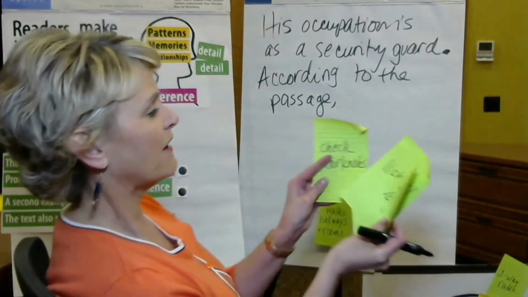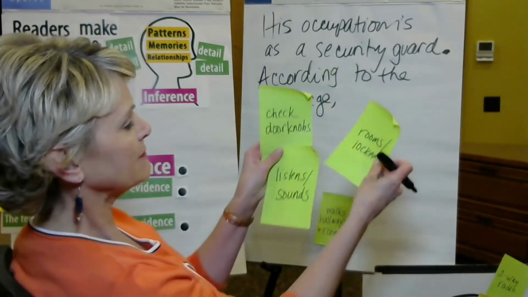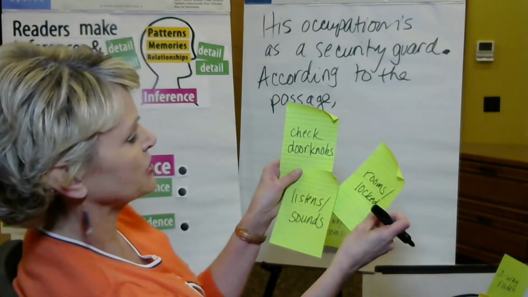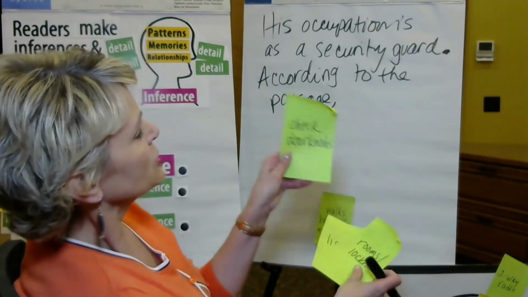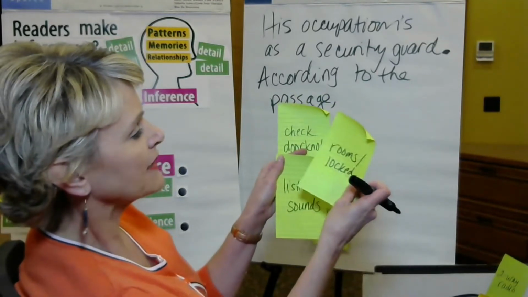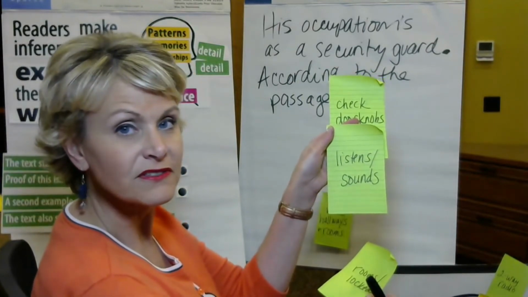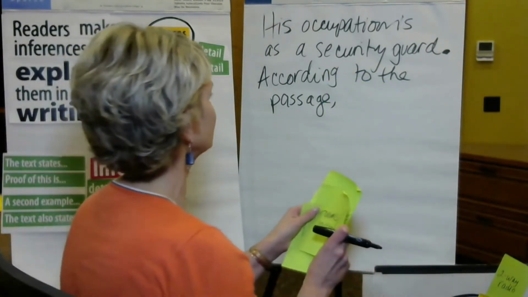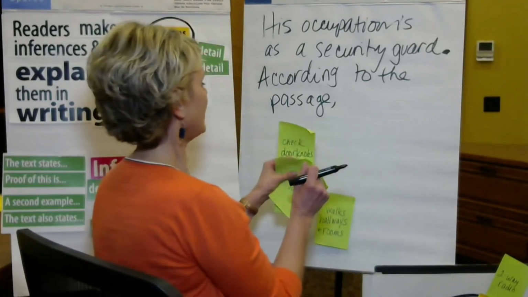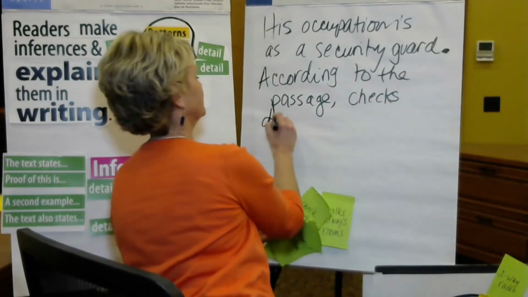Now I've got to figure out how to weave some of these words, not just one of them. I need multiple because they were all helpful to me. So according to the passage, he checks doorknobs, locks rooms, and listens for sounds. It's a meaty sentence with a lot of author words.